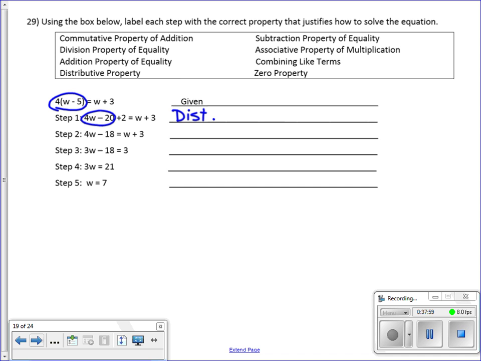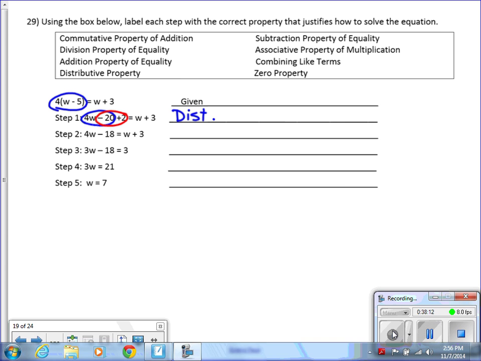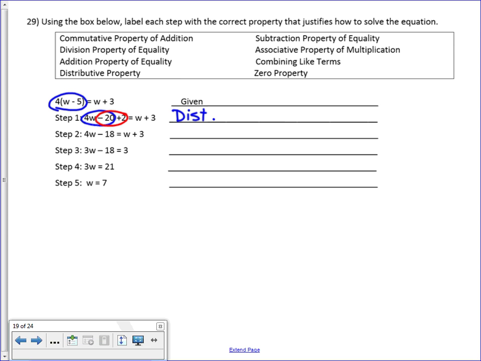Then from there we had, I'm going to have to use another color here to show you. They did this right here. So when I did this, this would be my combining like terms because I have a negative 20 and a positive 2. So I'm combining like terms. Sorry, I need to pause again in a second because I lost my thing again.